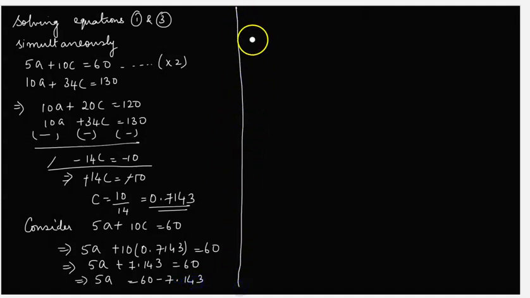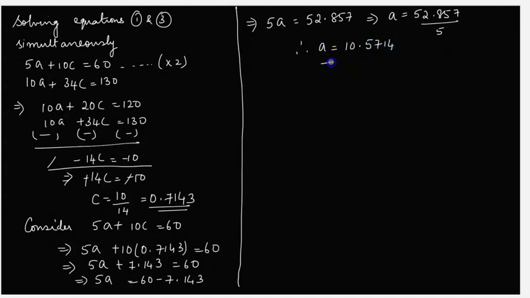So 5a is equal to 52.857. Which implies a is equal to 52.857 divided by 5. So therefore a is equal to 10.5714.